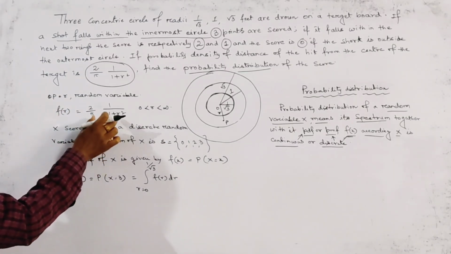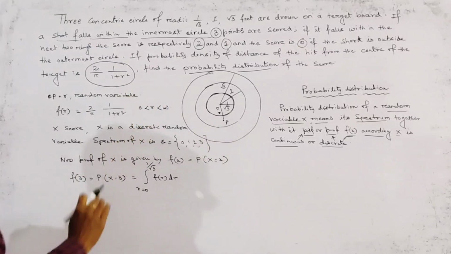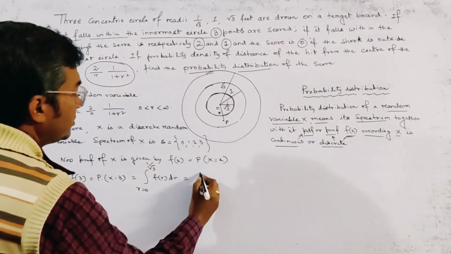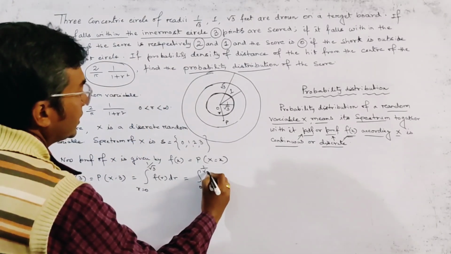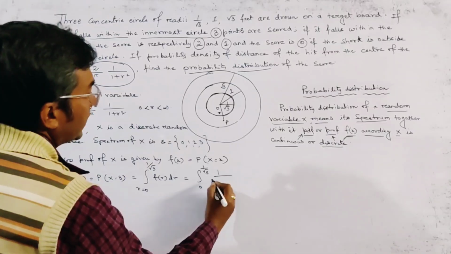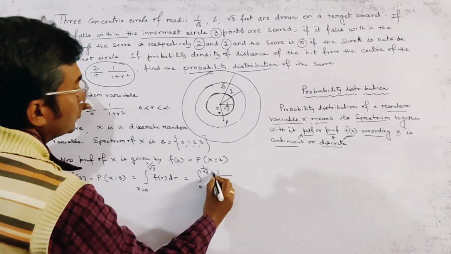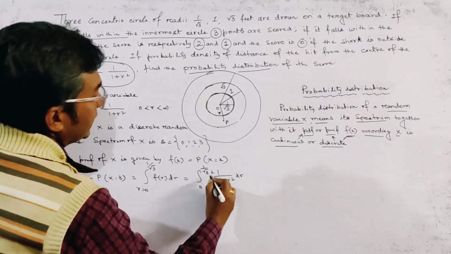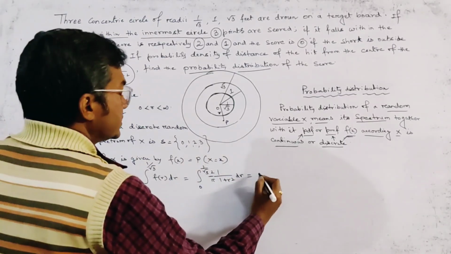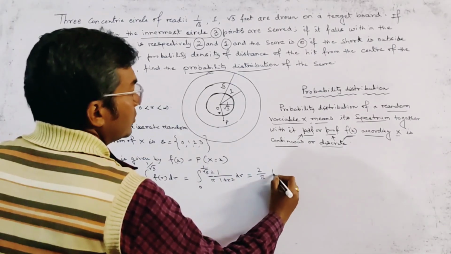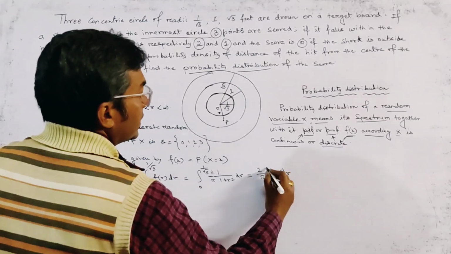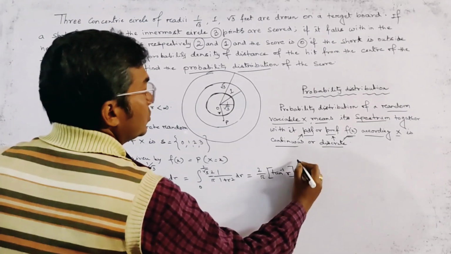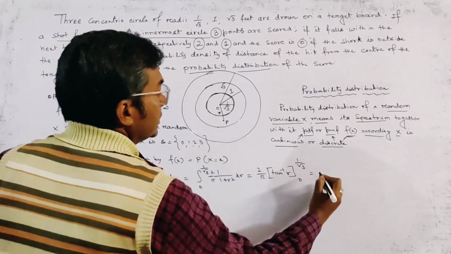This is the PDF of the distance from the center, which gives the integral from 0 to 1 by root 3 of 2 by pi into 1 by 1 plus r square dr, which is 2 by pi into tan inverse r, with range 0 to 1 by root 3.